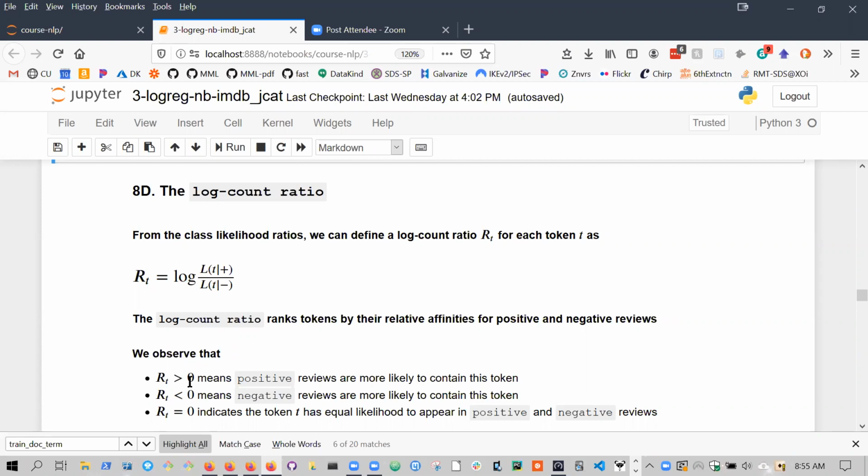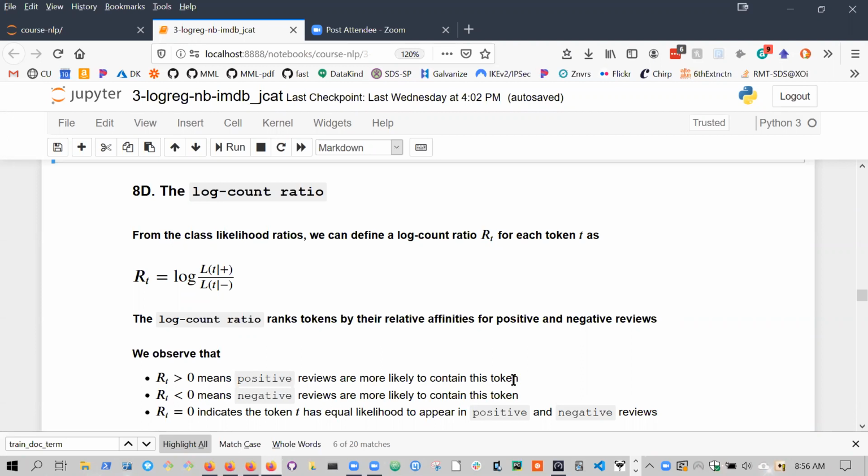If R is 0, that means the likelihoods of being in a positive review or a negative review are the same. So a term that has R equal to 0 is kind of a neutral term. It's equally likely to appear in positive or negative reviews. If the numerator is greater than the denominator, then the logarithm is going to be greater than 0. And so that means positive reviews are more likely to contain this token. This token is more likely to be associated with positive reviews.